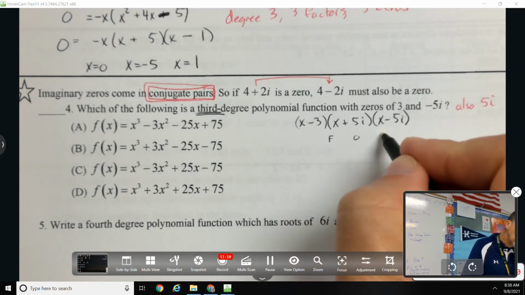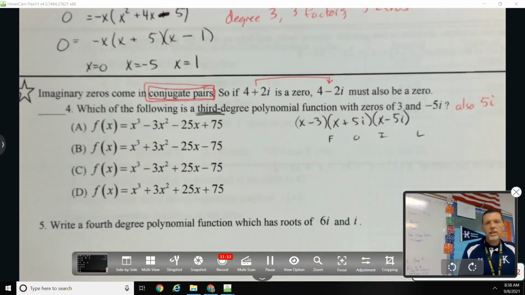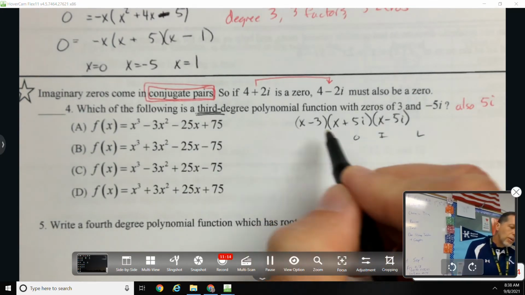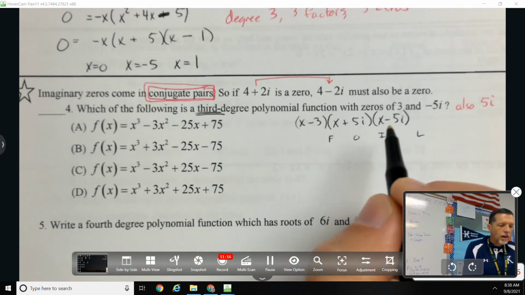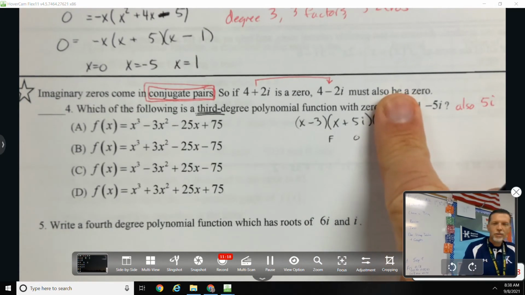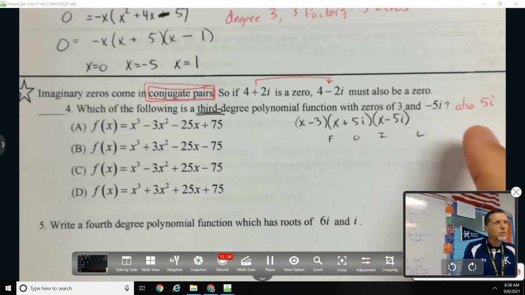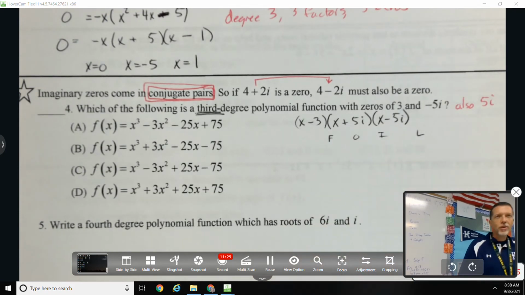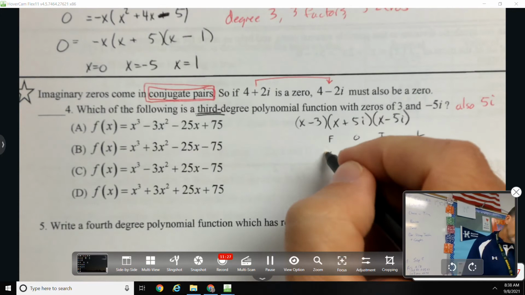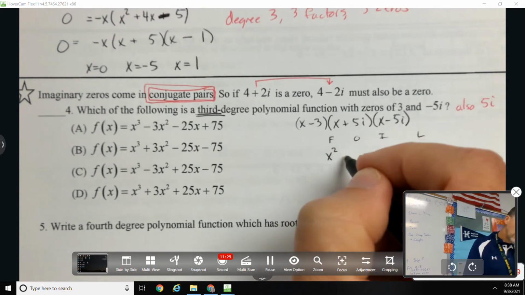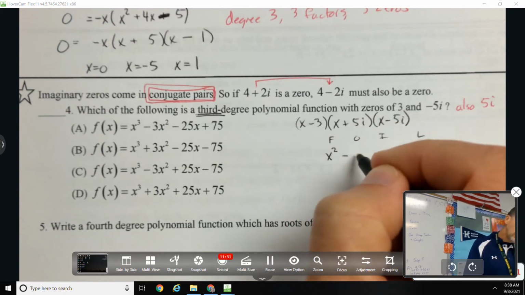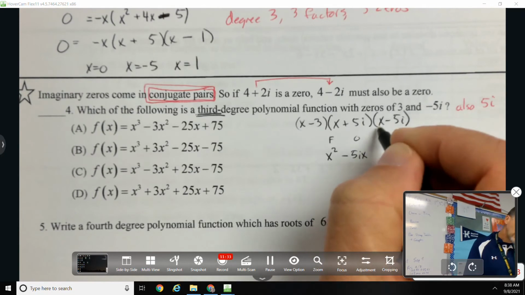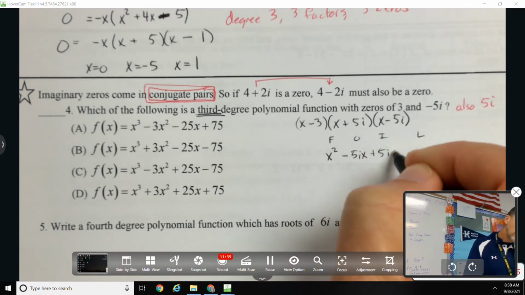So I'm going to FOIL, and then I'll multiply by x minus 3. I suppose you could FOIL x minus 3 and x plus 5i first, but that would be really weird. You should multiply the conjugates first because stuff will go away. So x squared minus 5ix plus 5ix.